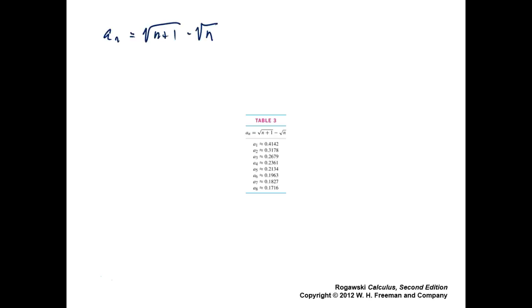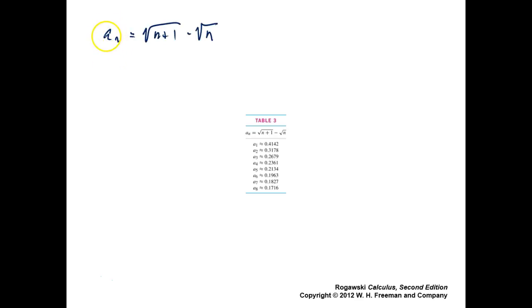You've got to divide something the same in numerator and denominator. Now, the table indicates it looks like it's decreasing. But how can we say for sure it is?